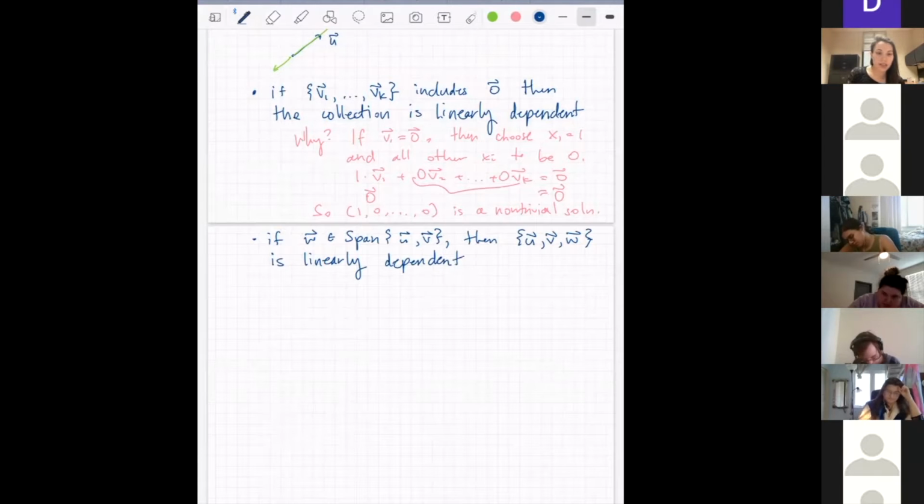So it's saying that you start with a collection, you add one that is in the span of that collection, then you get something that's linearly dependent, right?